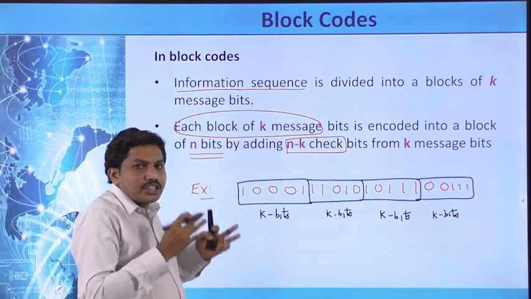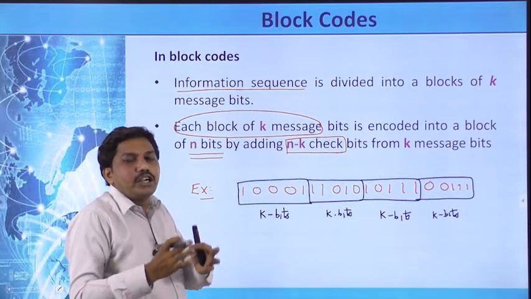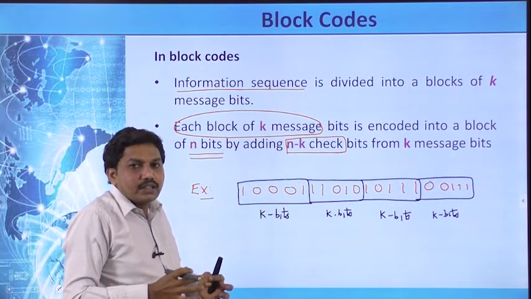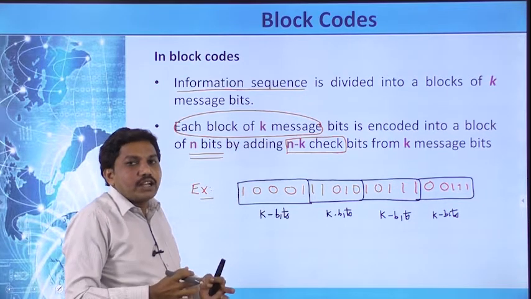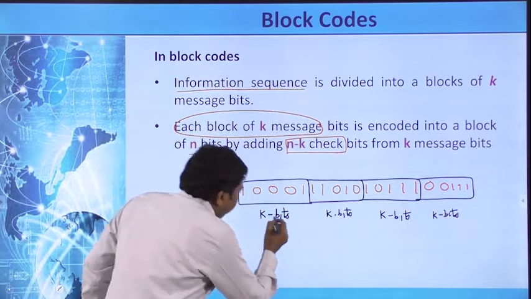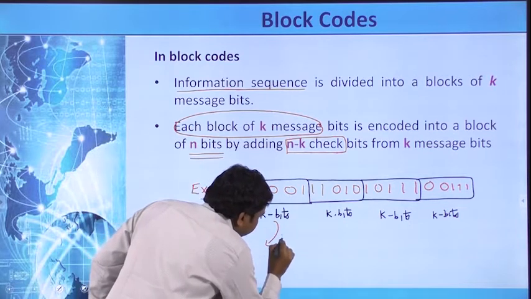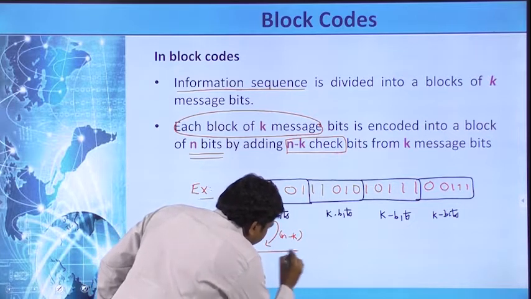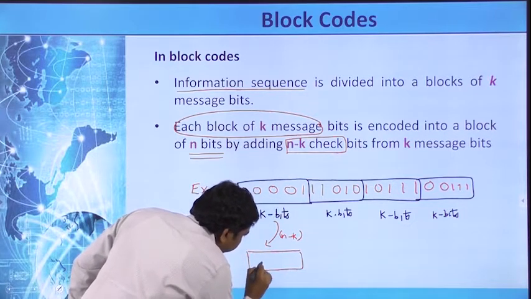So each message block is encoded into n bits by adding some check bits. Here the check bits are nothing but n minus k. That is, for these k bits we are adding n minus k check bits. Then the length of the block is n bits.